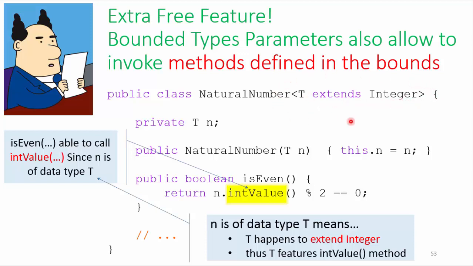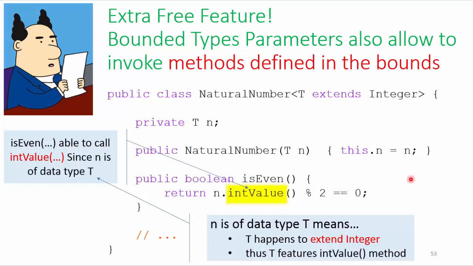Any data type, any class that extends Integer is going to feature the methods that are provided in the class Integer. Therefore, we can invoke on n any method that is defined on the bound of our parameter data type T, okay? So the bound is Integer, so we are going to get an Integer or something that subclasses it. Therefore, the intValue method defined in Integer will always be available, okay?